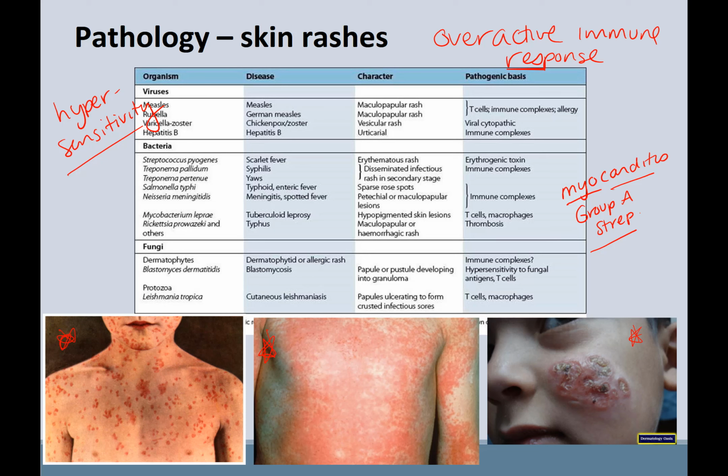Our antibodies start attacking our heart tissue. So we get these autoantibodies, like an autoimmune disease, after this infection, and those antibodies attack the heart tissue, and that can be very, very dangerous.